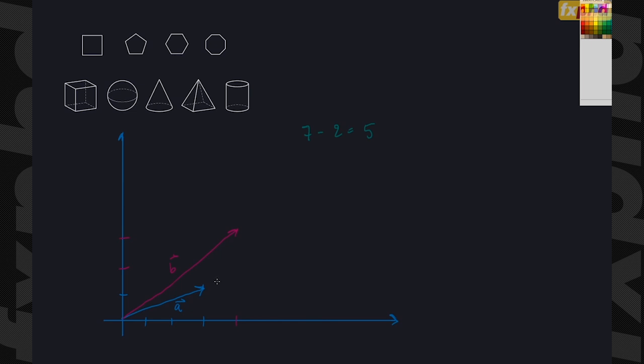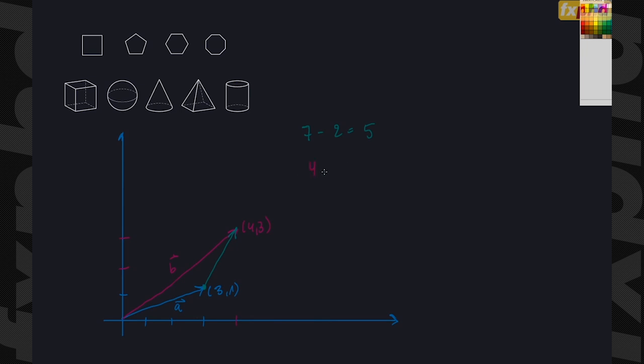Well, I think a good idea could be that this is this vector, because this vector here is a difference between this location and this location. Let's see what the numbers give. So I have 3, 1 here, and I have 4, 3 here.